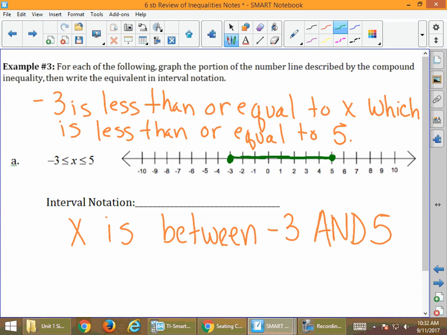In terms of interval notation, sometimes this looks even more like an ordered pair, but you want to go in numerical order. -3 is smaller than 5. Both endpoints have equals in them. Both of them are filled in circles, so they're both going to have square brackets on them.